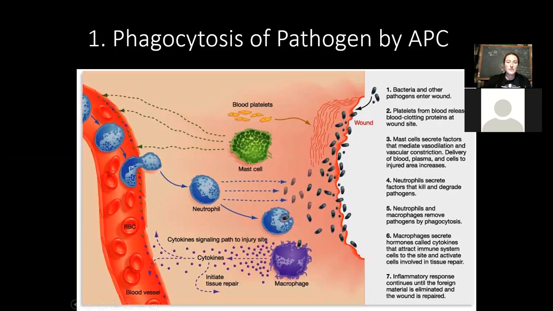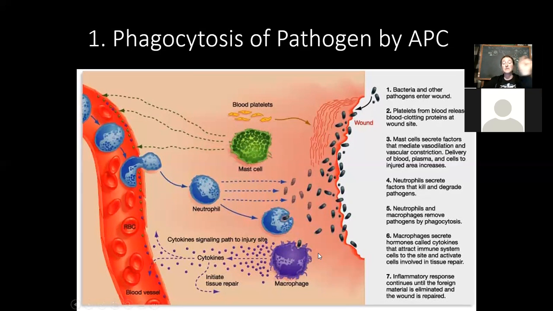Those chemicals are going to increase the permeability of the blood vessels. They are going to lead the area to become red and hot. And also they are going to call over more of these cells, these front end fighters here.